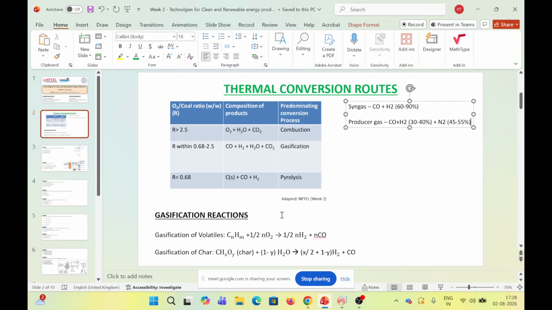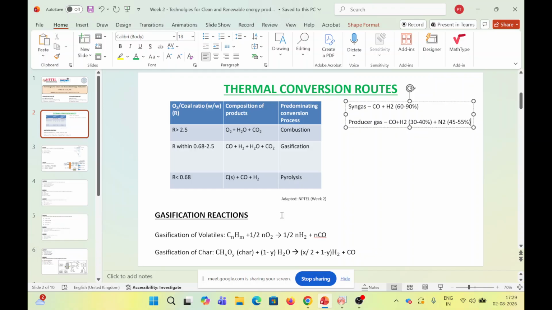Based on this, the amount of gas produced, I mean the syngas, can actually be calculated. We will come back to that particular problem in quite some time.